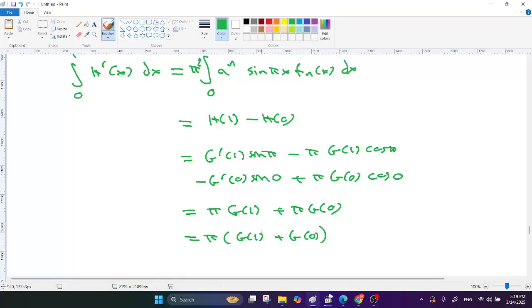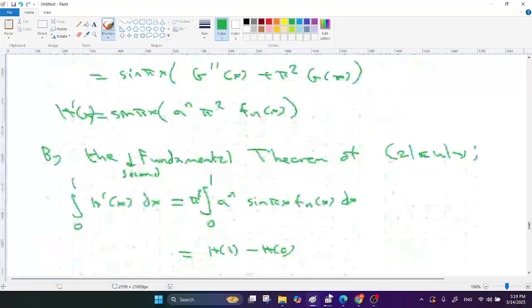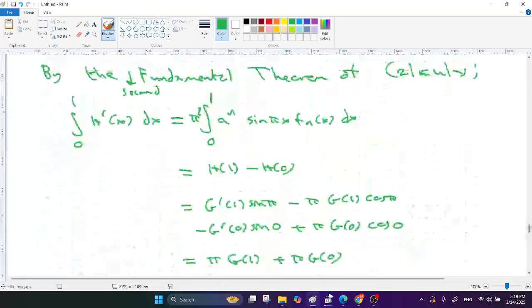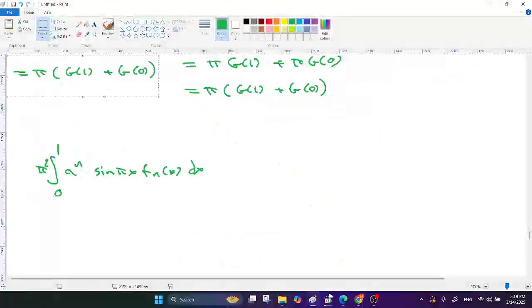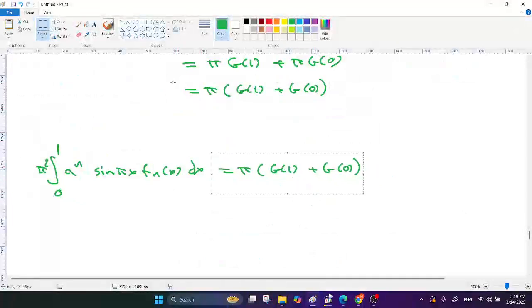Good, good. So we have now the following integral equals this, π (g(1) plus g(0)). Cancel π from both sides, you get the following.